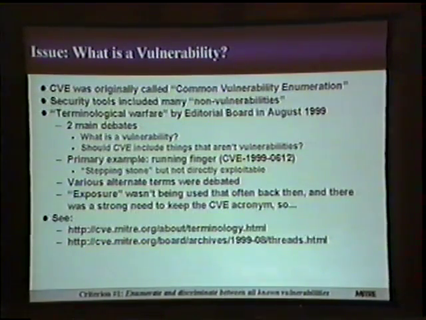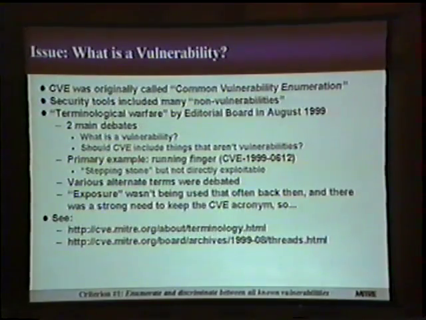We hemmed and we hawed over the summer of 1999 and finally hit upon this concept of exposure, which now Bruce Schneier is also using in a completely different way, but oh well, that's life. The notion of an exposure in the CVE context is a security problem or concern that doesn't necessarily directly allow access to a system, but could be used as a stepping stone.